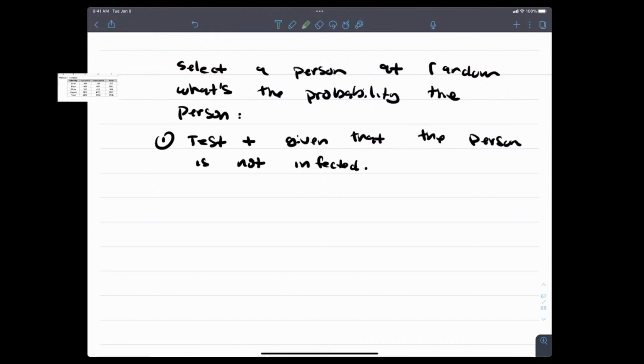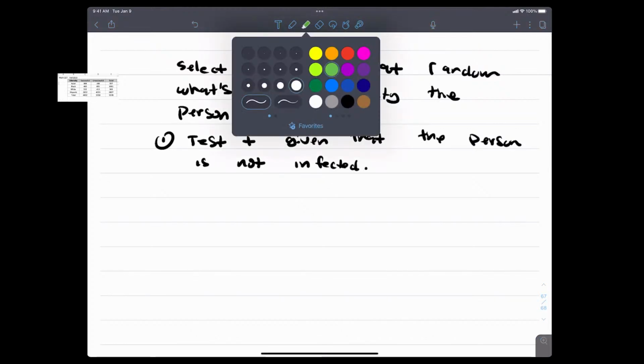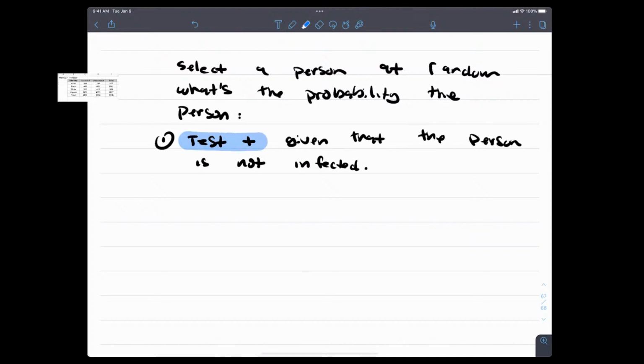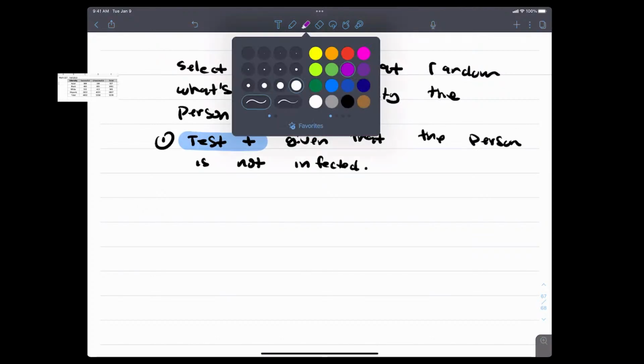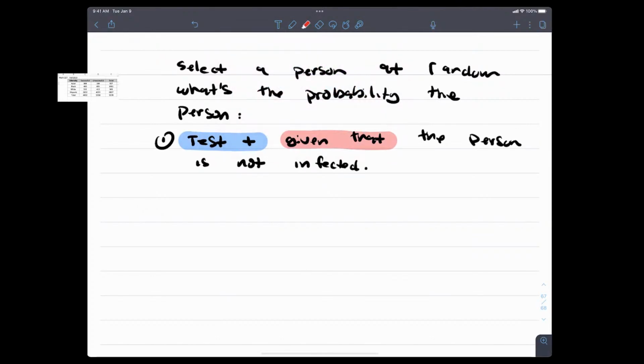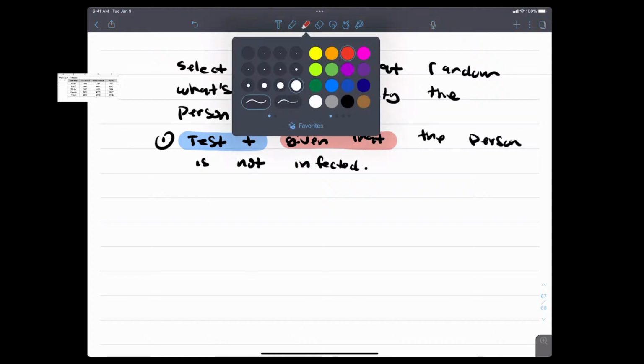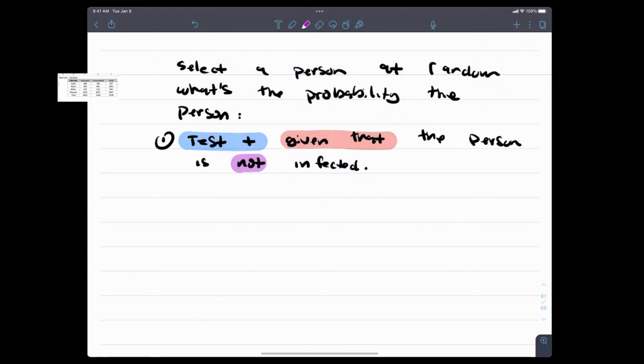Okay, so notice this question. The person is testing positive, and then you see this phrase, given that. If you ever see given that, what does that mean? This is a conditional probability. This is the condition. You're not infected. So symbolically, by the definition I gave you: the probability the person tests positive given the person is not infected.